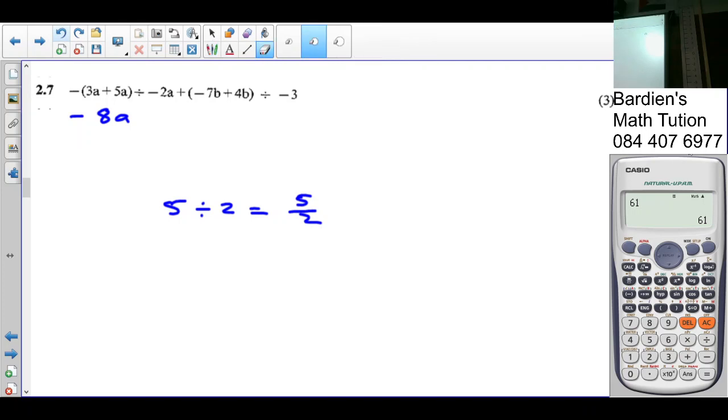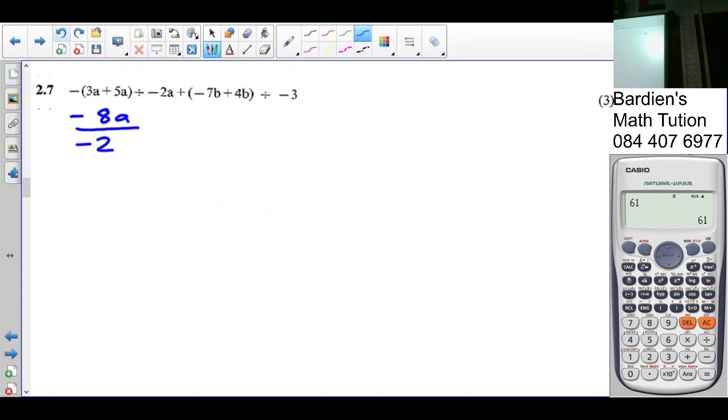So in other words, this is going to be negative 8a divided by negative 2a plus. What's negative 7b plus 4b? Negative 3b over negative 3.